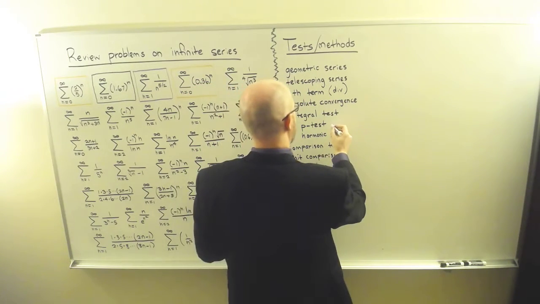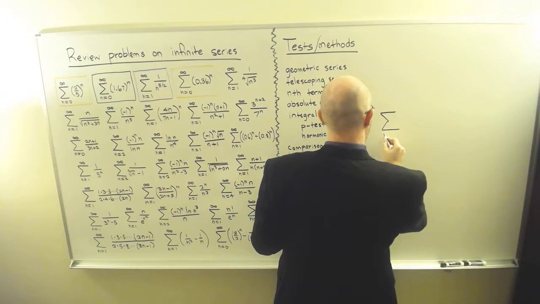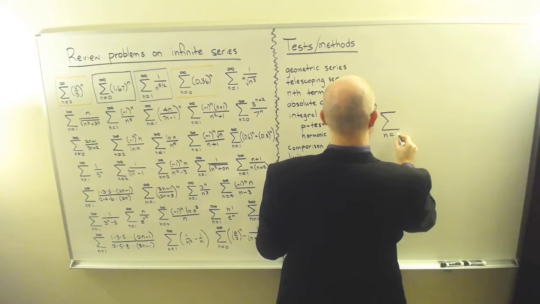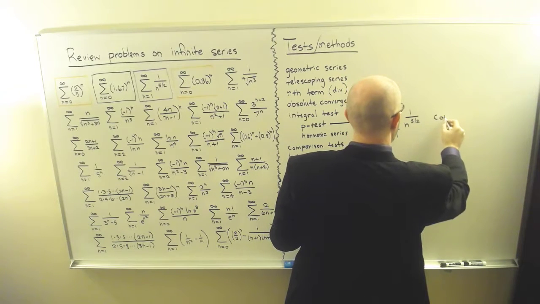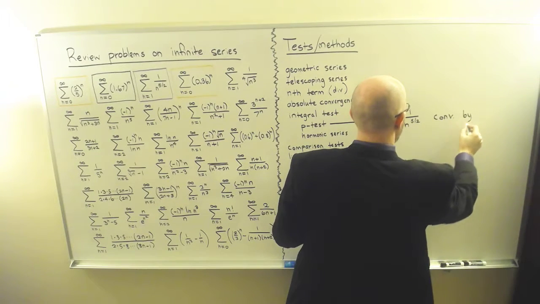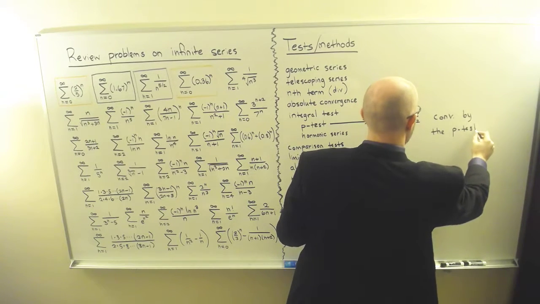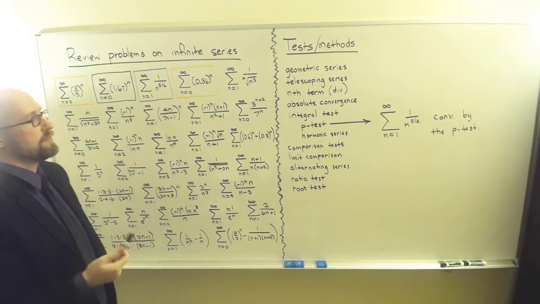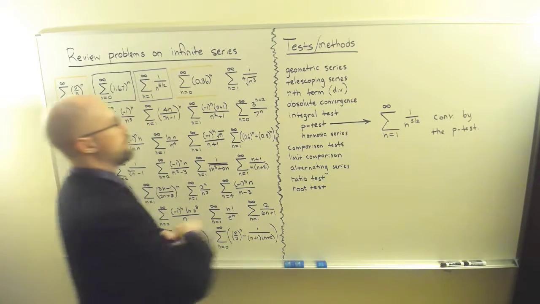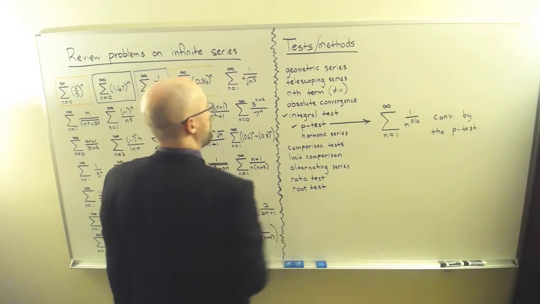So the most concise way to say this is that this particular one, n equals 1 to infinity of 1 over n to the 5 halves, converges by the p-test. Or you could use the integral test, so that would work.